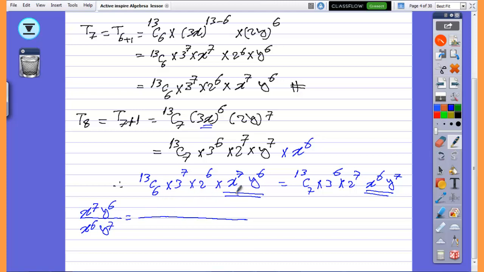We start from here: x power 7 y power 6 divided by x power 6 y power 7 equals 13C7 multiplied by 3 power 6 multiplied by 2 power 7 divided by the coefficient here. Okay, so we write this.